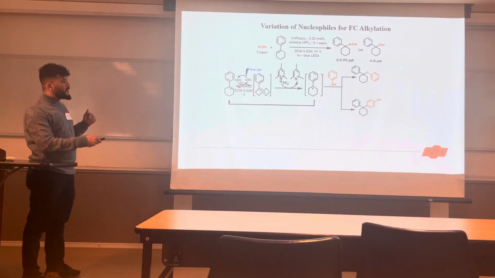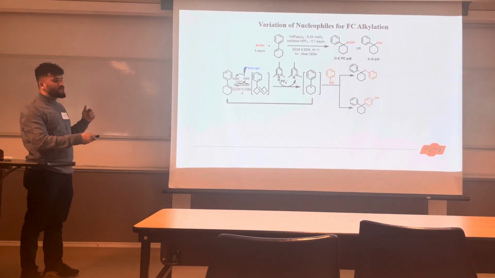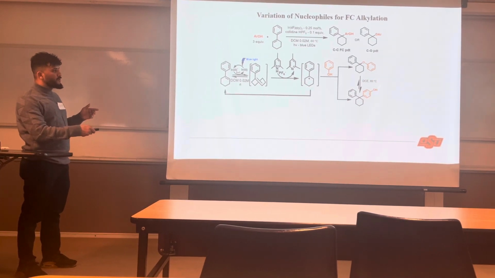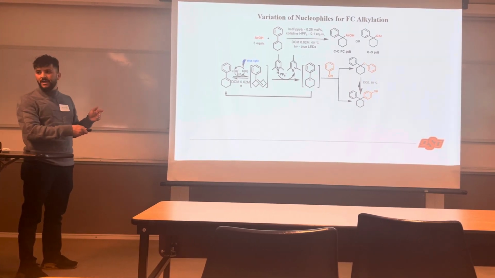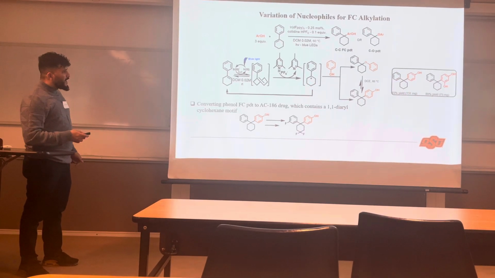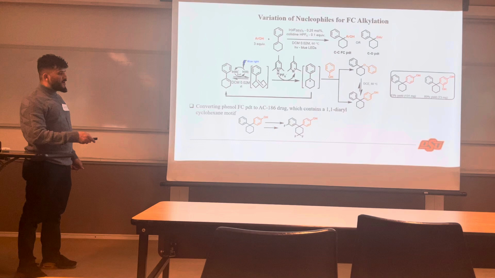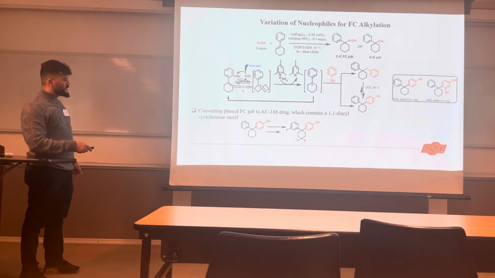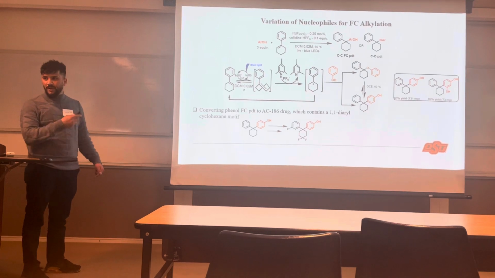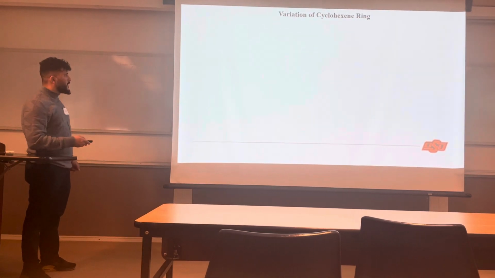But that's fine. If we form the ether, we can heat this ether and reverse it back to the FC product. So this is some of the product we made, and literature suggests that if we use the phenol FC product, we can get to the drug that I was talking about in the earlier slide.